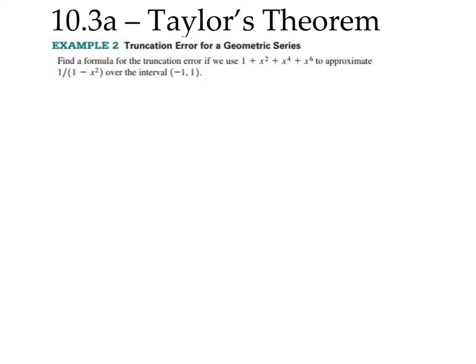Remember that this example is of the form a over 1 minus r, which was a plus ar plus ar squared plus dot dot dot, and it was only valid when the absolute value of r is less than 1. That's why in this case the power series will only converge to 1 over 1 minus x squared between -1 and 1.